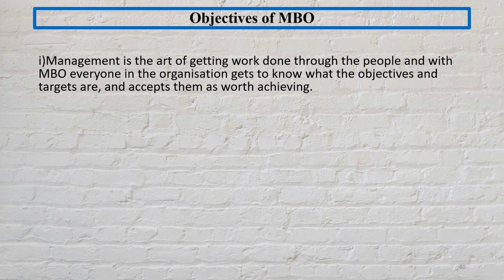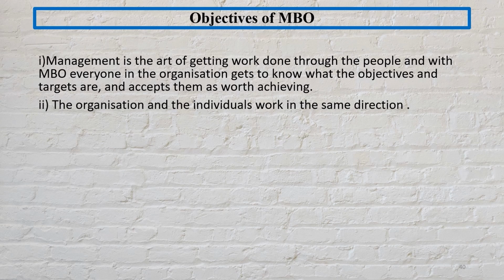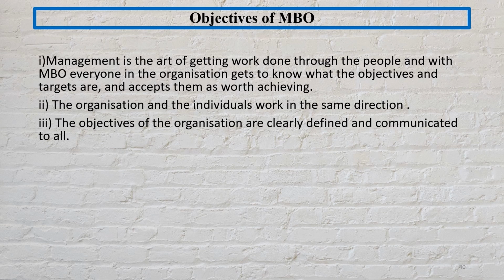Objectives of MBO. Management is the art of getting work done through the people, and with MBO, everyone in the organization gets to know what the objectives and targets are and accepts them as worth achieving. The organization and the individuals work in the same direction. The objectives of the organization are clearly defined and communicated to all.